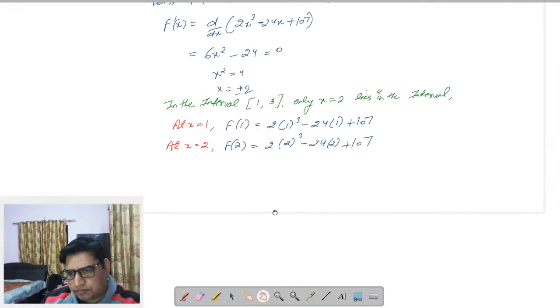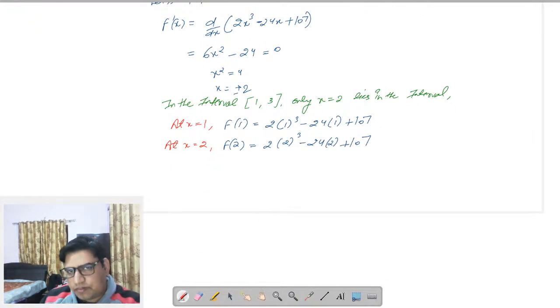Okay, let's find out at x is equal to 3. At f3, it will be 2 into 3 cube minus 24 into 3 plus 107.